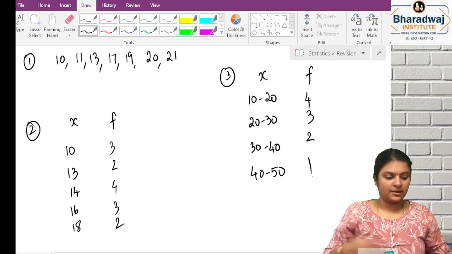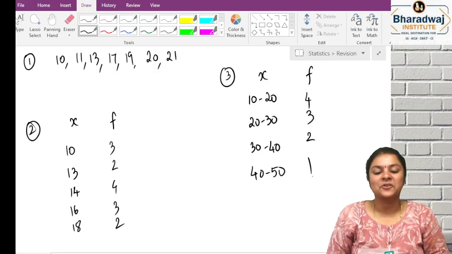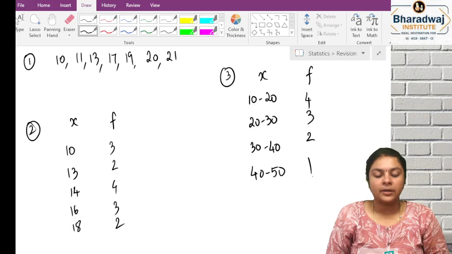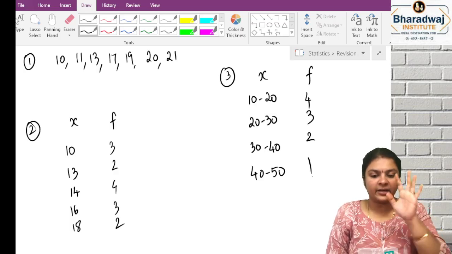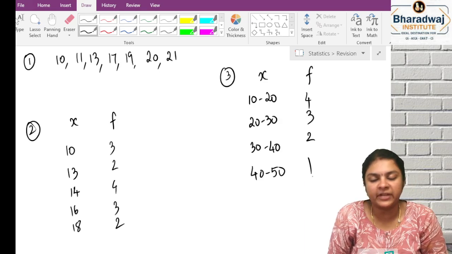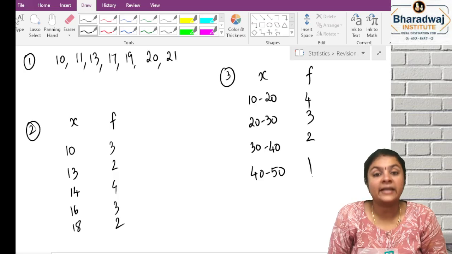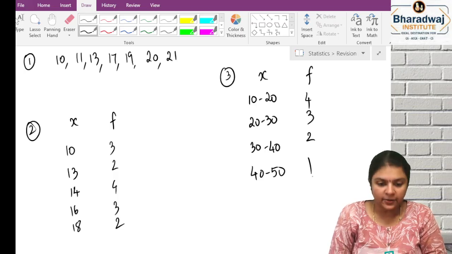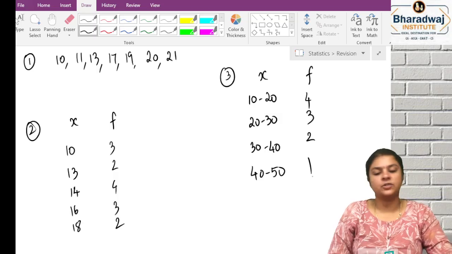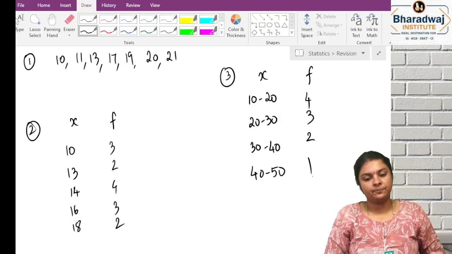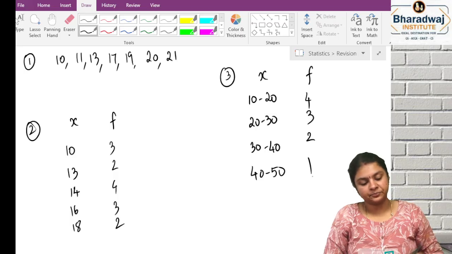I've just given numbers randomly, so you can calculate. Now remember, for calculating mean deviation, first what do we need to calculate? We need to calculate the arithmetic mean. So calculate the arithmetic mean and then do the mean deviation. Start.